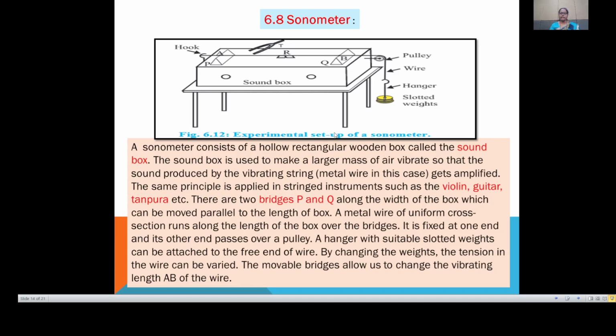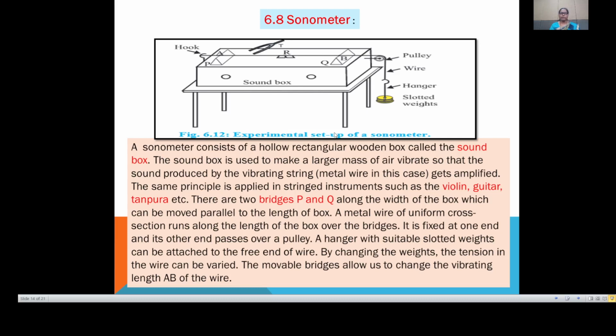It is fixed at one end and its other end passes over the pulley. The hanger with suitable slotted weights can be attached to the end of the wire. By changing the weights, the tension in the wire can be varied.